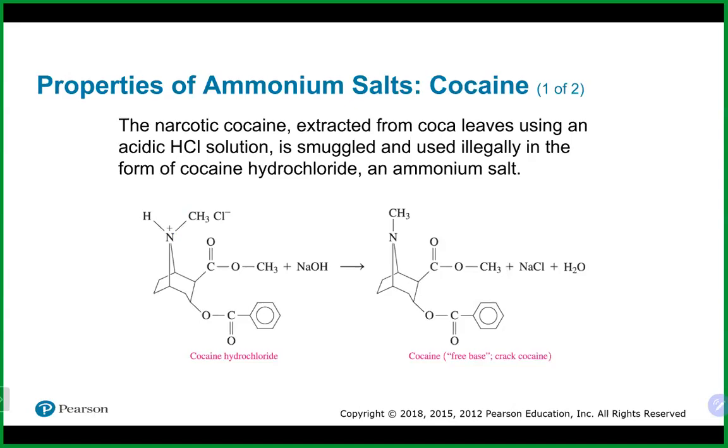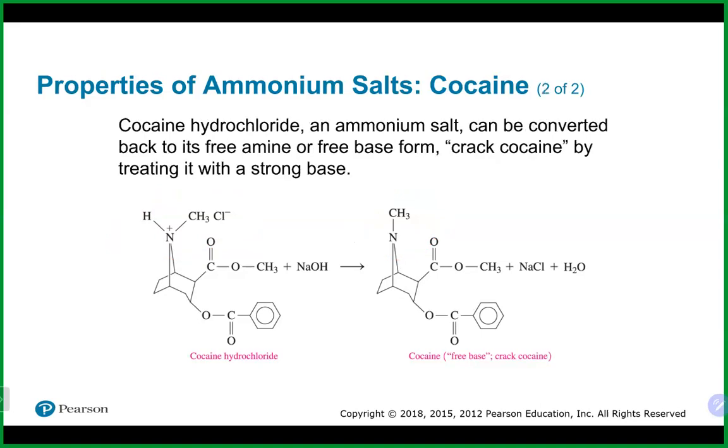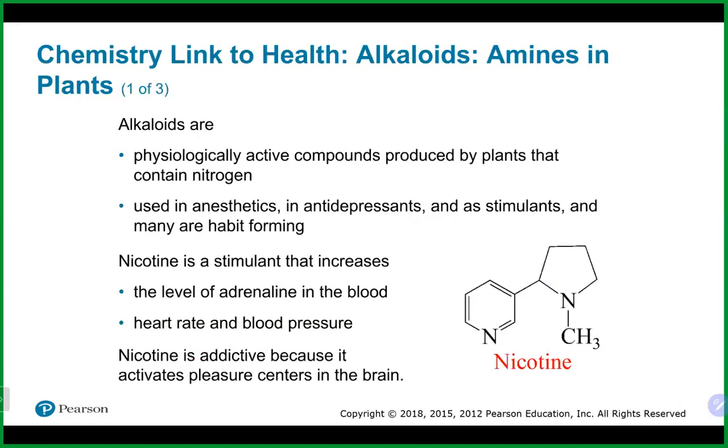Cocaine as well. So we have our amines over here as a product from coca leaves. So cocaine hydrochloride, an ammonium salt, can be converted back to its amine in a free form there as well.